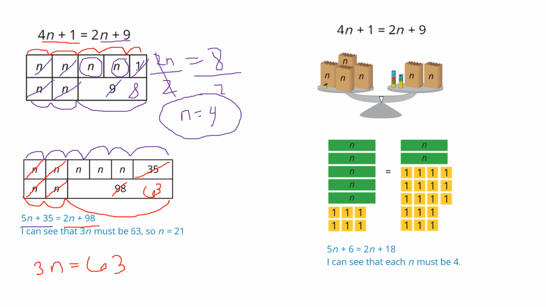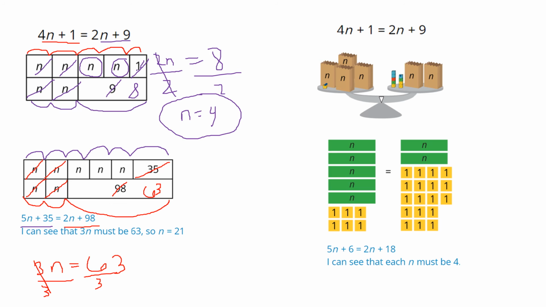Then I just know that 63 has to be divided evenly to put cubes into each of these n's. So I know I have to divide that 63 by 3. If I do that, the 3's cancel out because you get 1, which is simply n, equals, sorry about that. Let's erase that and go back to that again.